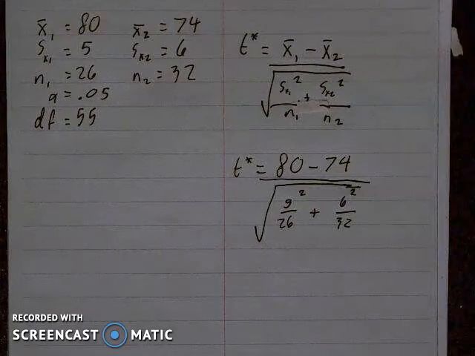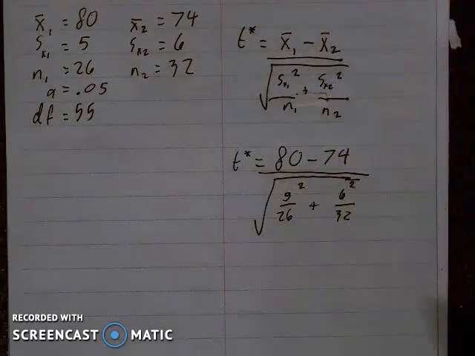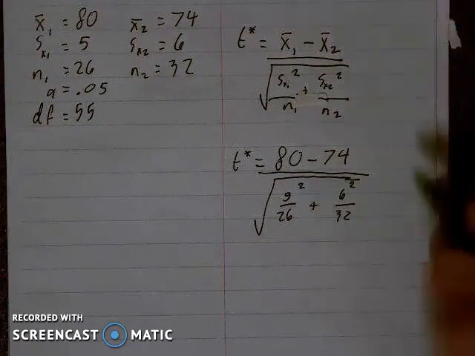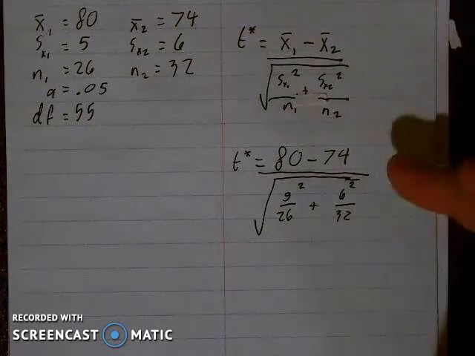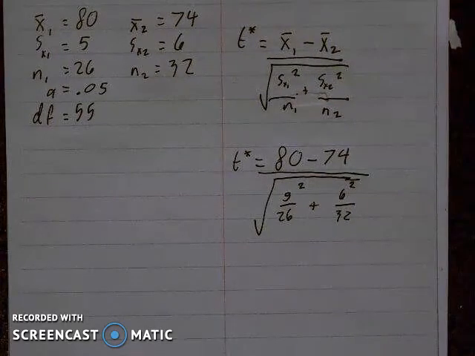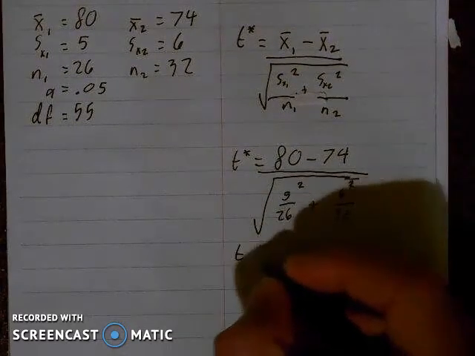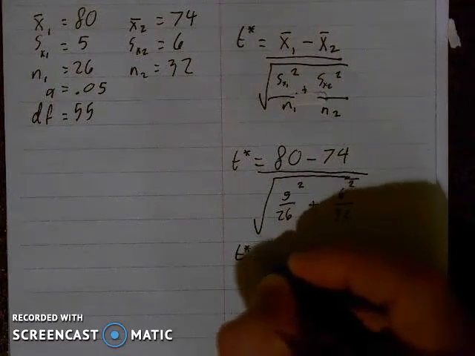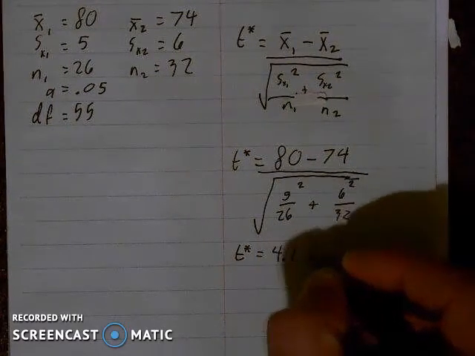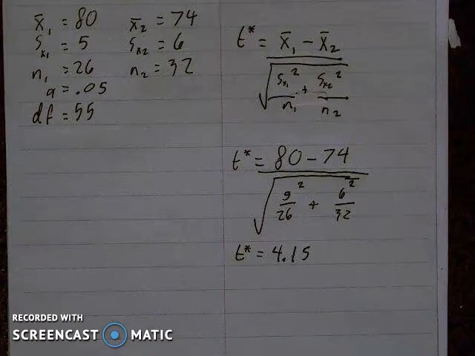Again, we're assuming you don't have a calculator, so you would just have to use a for function to go through all this. So 25 over 26 plus 36 over 32, square root of that, and then all of that, so 6 divided by that, essentially. Not too terrible, but when you do all that algebra, that boils down to the critical T being equal to 4.15, just like it was before.